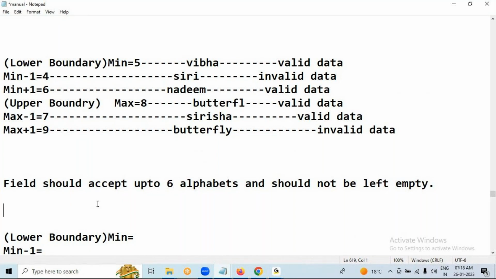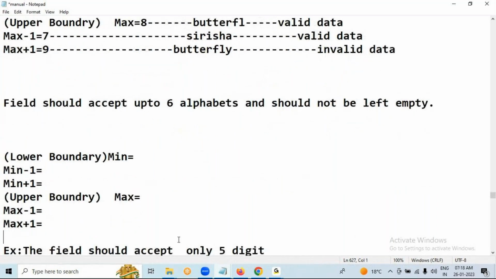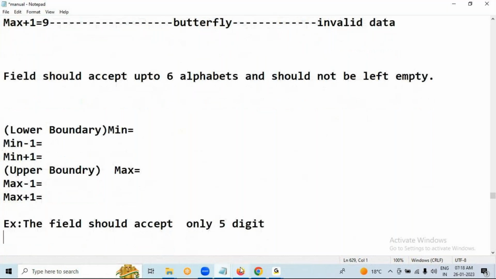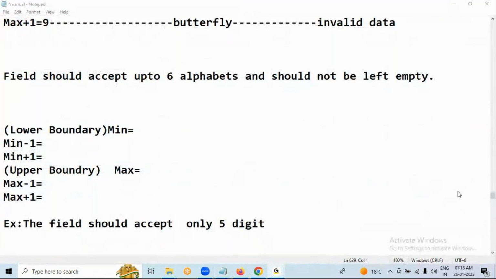So you have to prepare this one: the field should accept up to 6 alphabets and should not be left empty. In real time, you may find different situations. So guys, tell me who you need to take the controls.